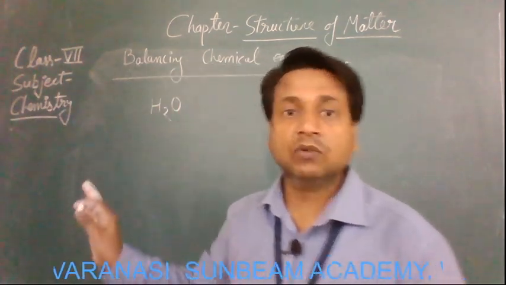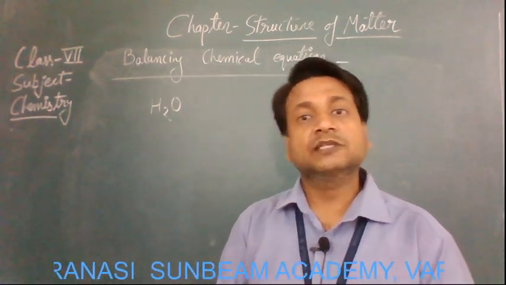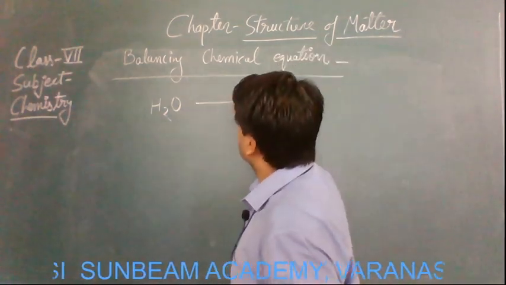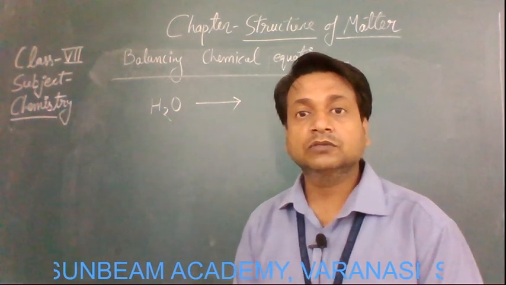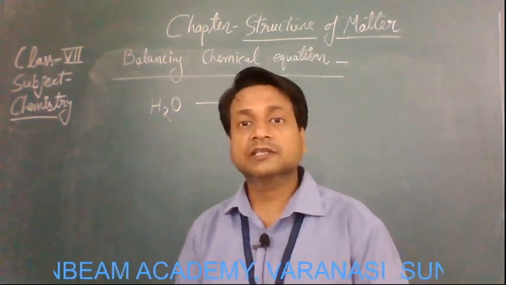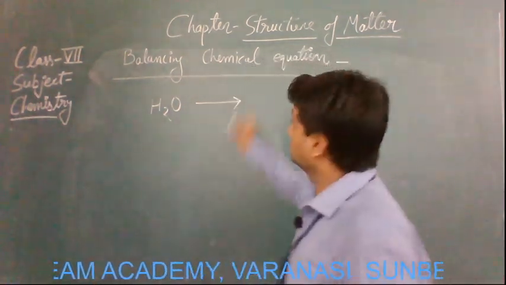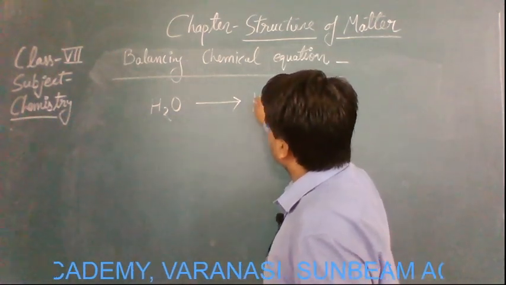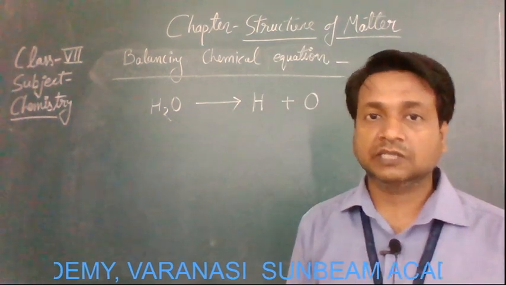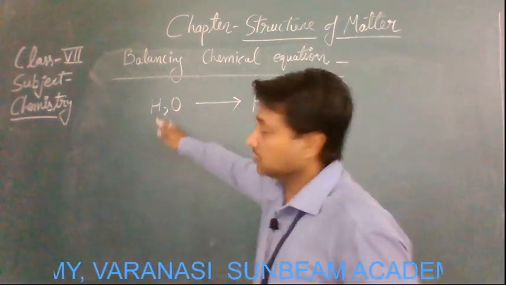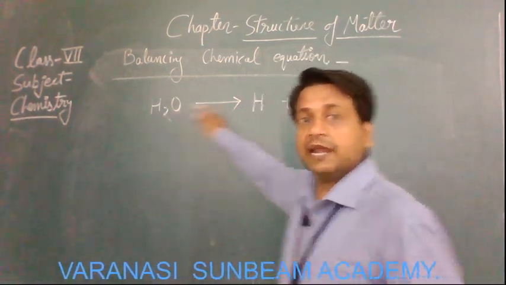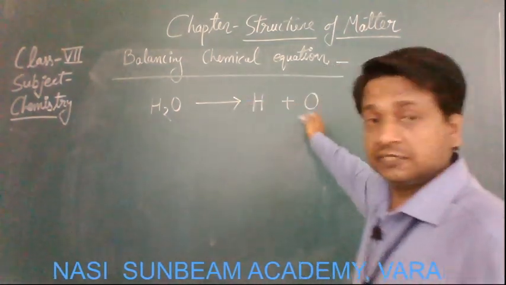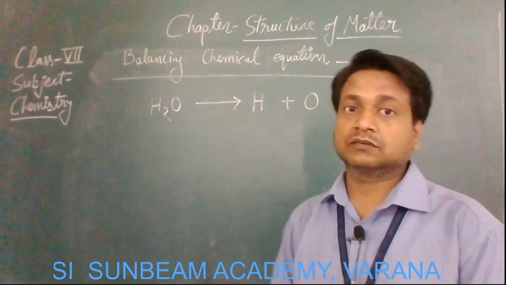So this is one molecule of water, and this one molecule of water is going to break into the products, that is hydrogen and oxygen. So this is the reactant and these are the products. So we can say that it is a chemical equation.